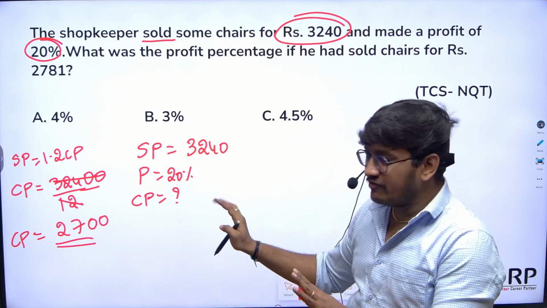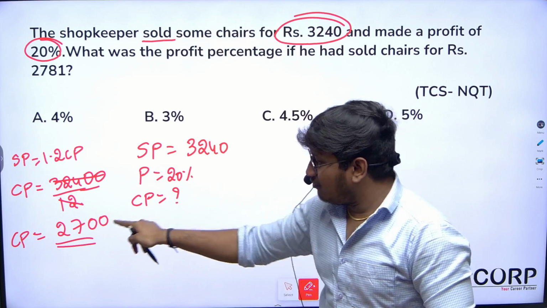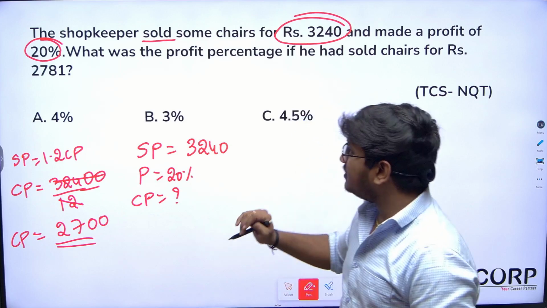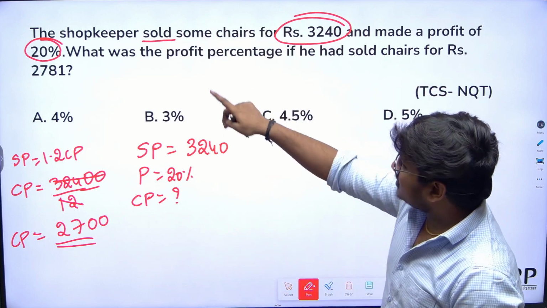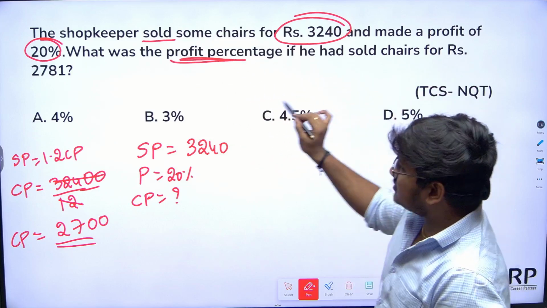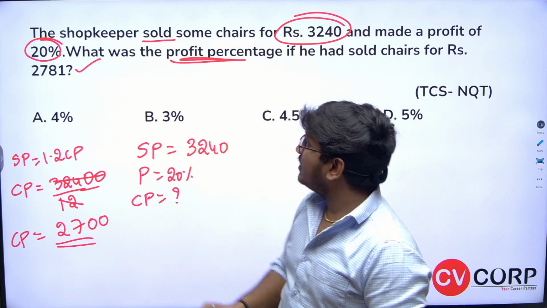From what they have given, the selling price and the profit, we found the cost price of the chairs. After finding the cost price, observe what they're asking: what was the profit percentage if he had sold the chairs for 2781?